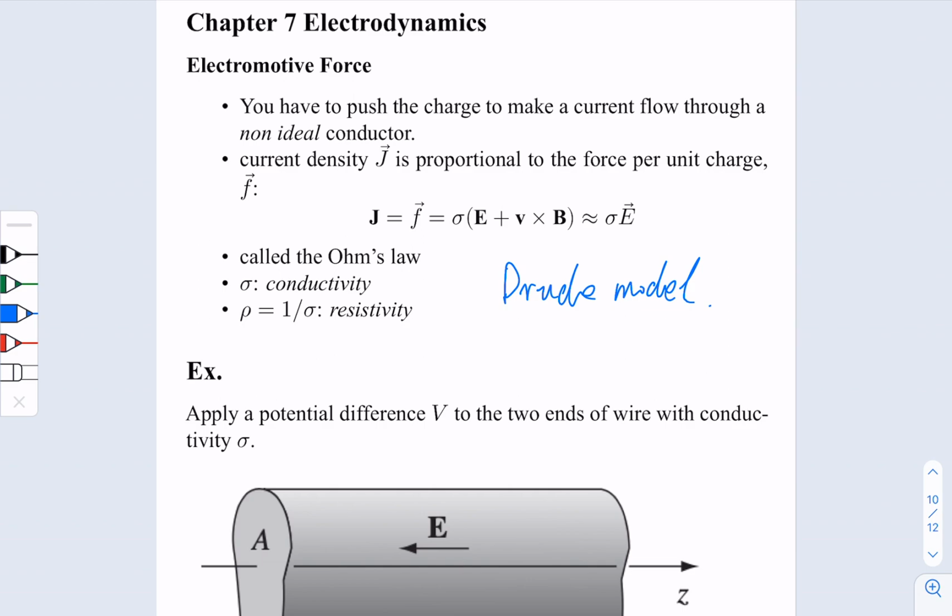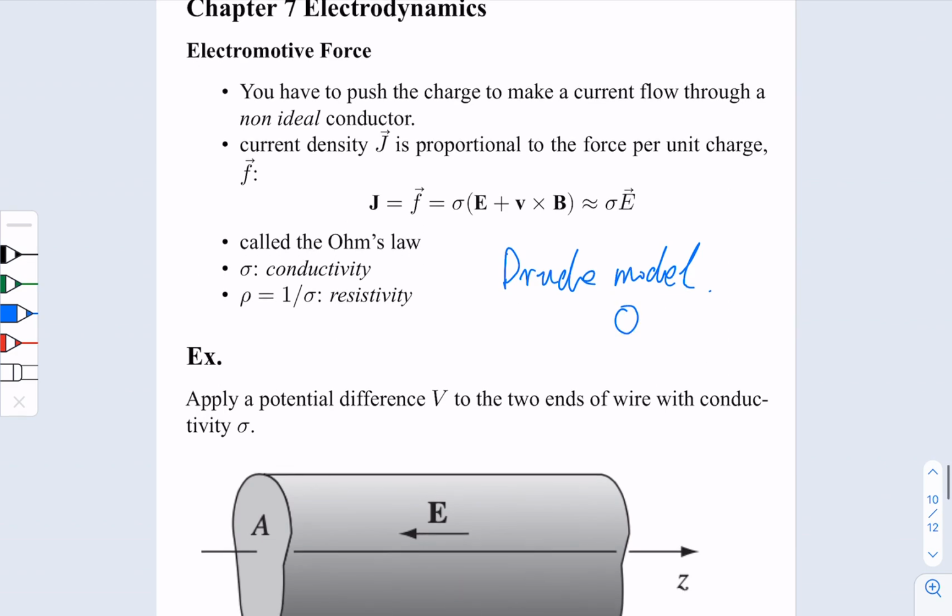You can imagine that in the conductor there are fixed-position ion cores, and the electron accelerates to the right and is bounced, and then accelerates again and is bounced. It spends a lot of time inside the conductor, and finally the average change of the velocity is slightly towards the right.